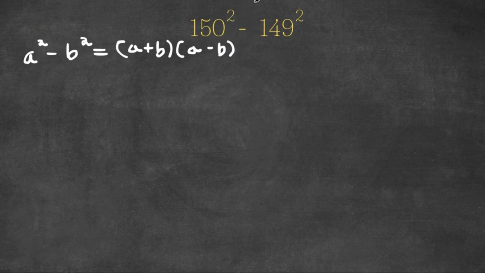So now for 150 squared minus 149 squared, we can think of a as 150 and b as 149.